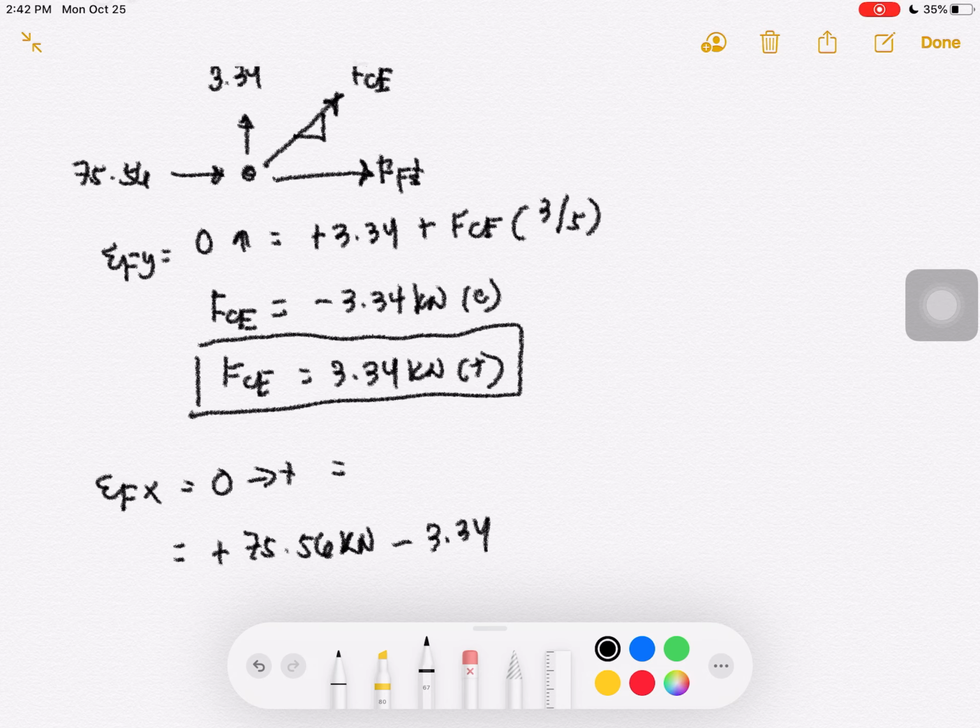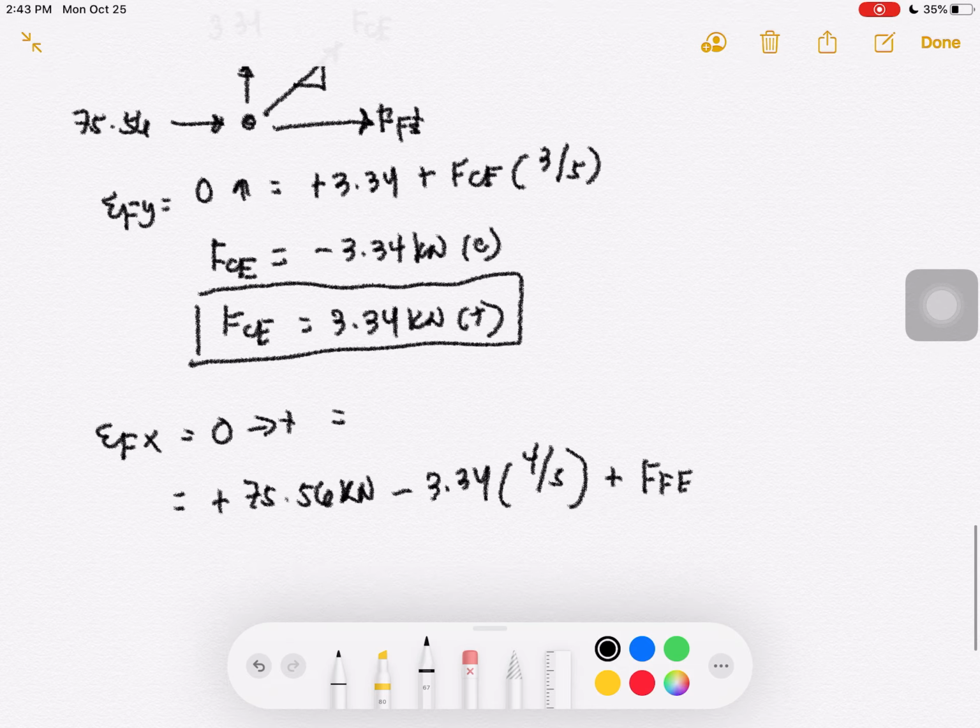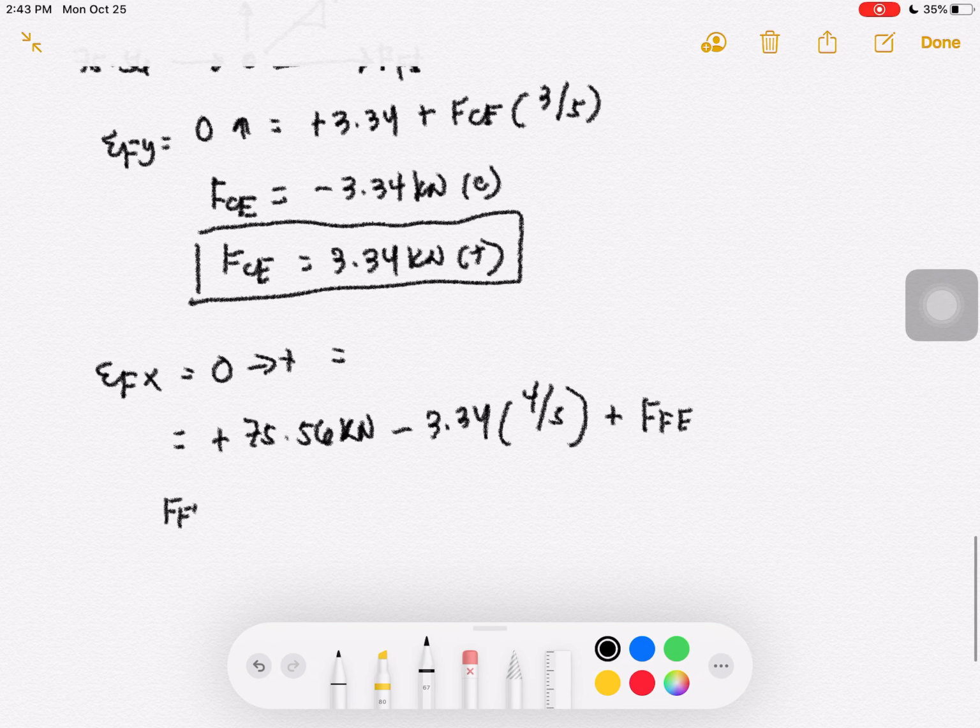So 3.34, and you need to multiply FCE by 3 over 5. Sorry, it's 4 over 5 na, kasi x na. And then we have the positive FE. So to simplify this, we have FE equals negative 71.11 kilonewton in compression. So just reverse it. Okay.